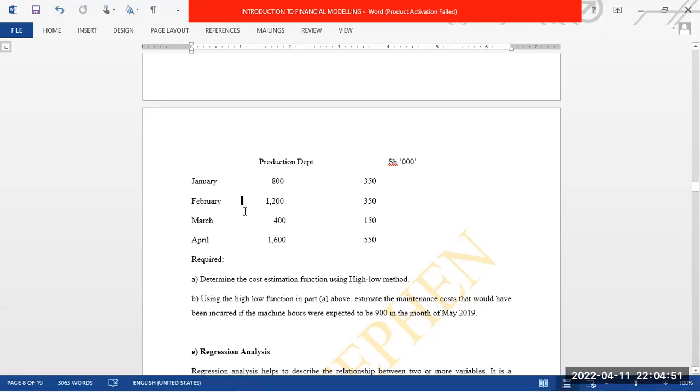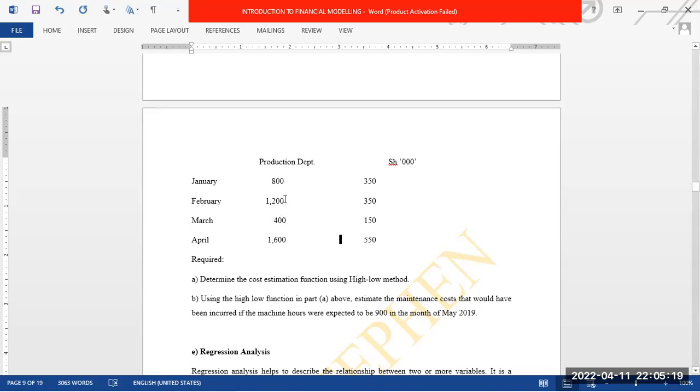Under the high-low cost method, you're supposed to have your data arranged the way it is arranged. Then you will be looking at which is the highest in production department. You can see that the highest is 1600 and the cost here is 550.